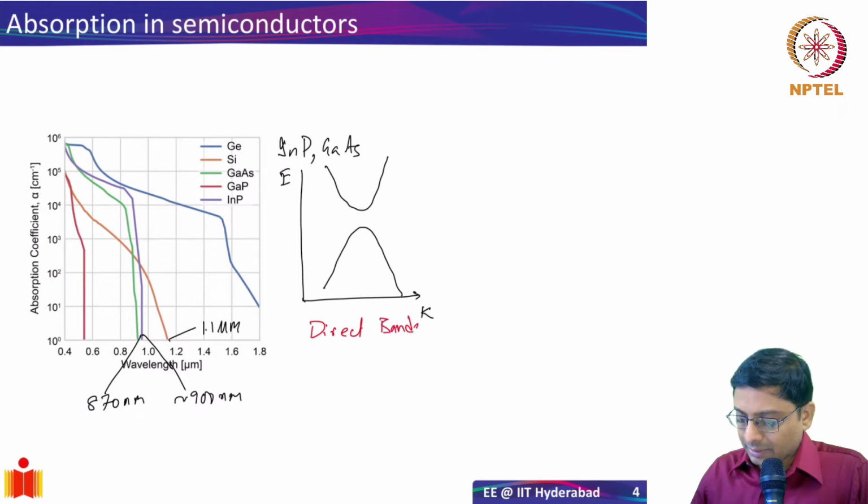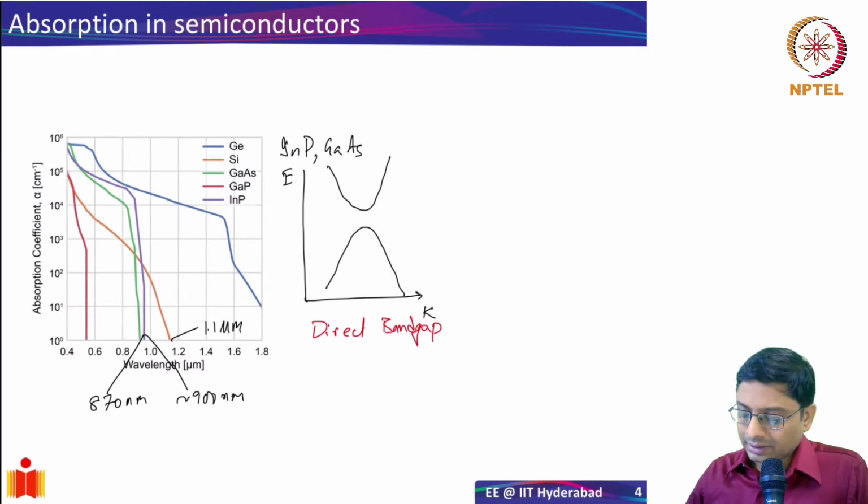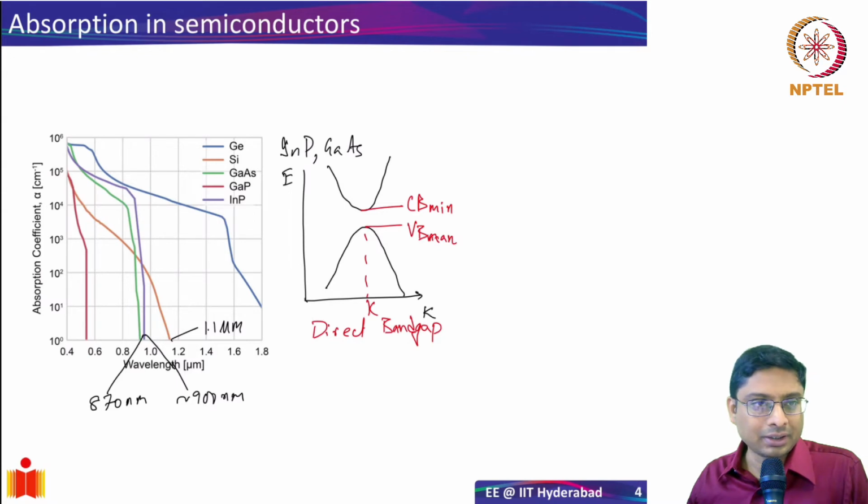What we mean by that is the peak of the valence band and the minimum of the conduction band, CB minimum and VB maximum, occur at the same K, a particular K.